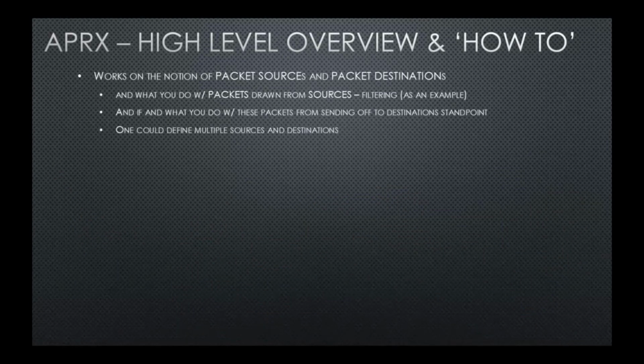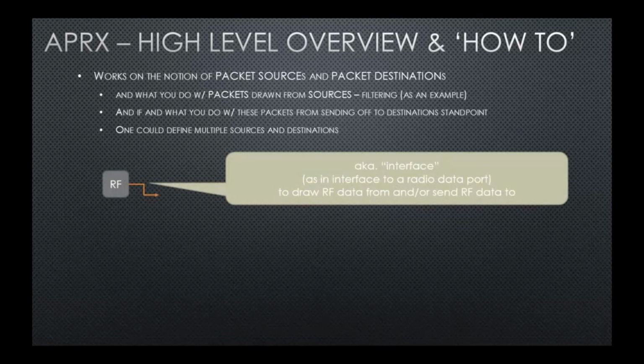So let's talk a little bit about the how-to aspects of APRX. APRX works on this notion of there is a packet source and there is a packet destination. A packet source can be things like your radio listening on a certain frequency. In other words, APRX calls it interface.